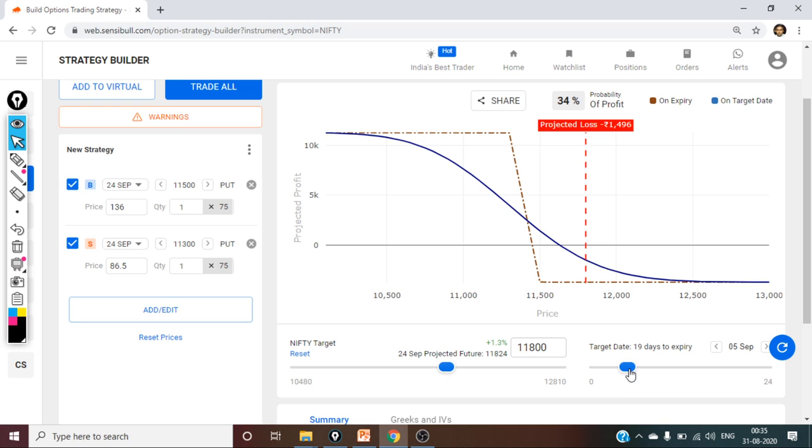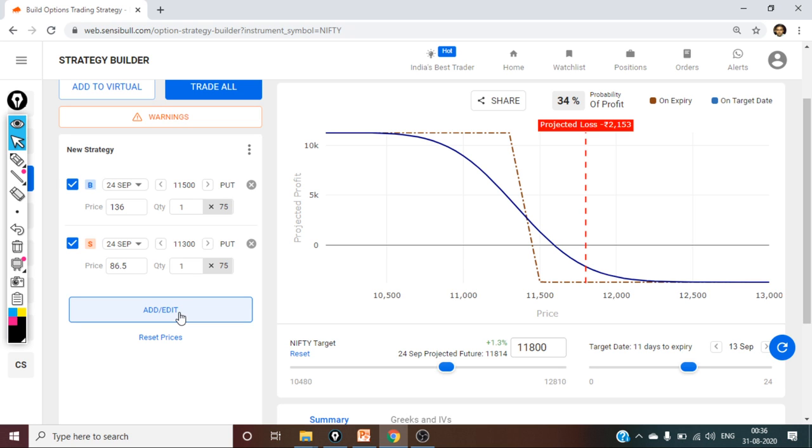Let's say in the next few days we decide that we want to recover the price of that spread that we paid. That means we want to exit without paying a single rupee. How can you do it? You can short another option.